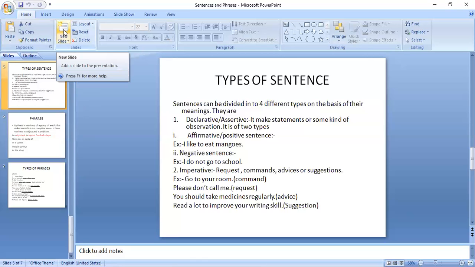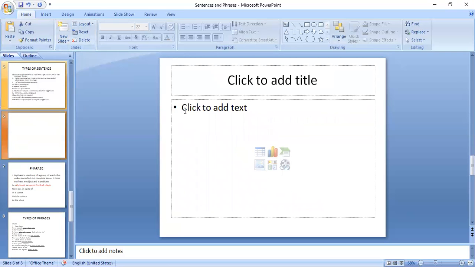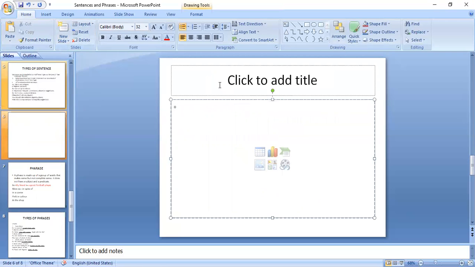Then here, interrogative sentence. The third one is interrogative sentence. What is an interrogative sentence?